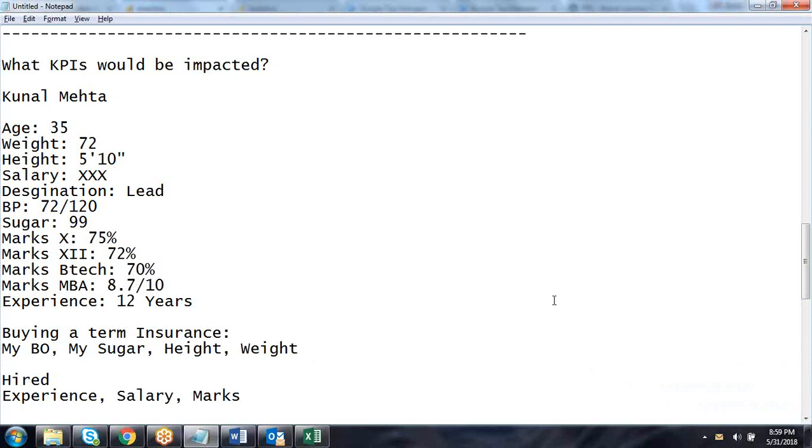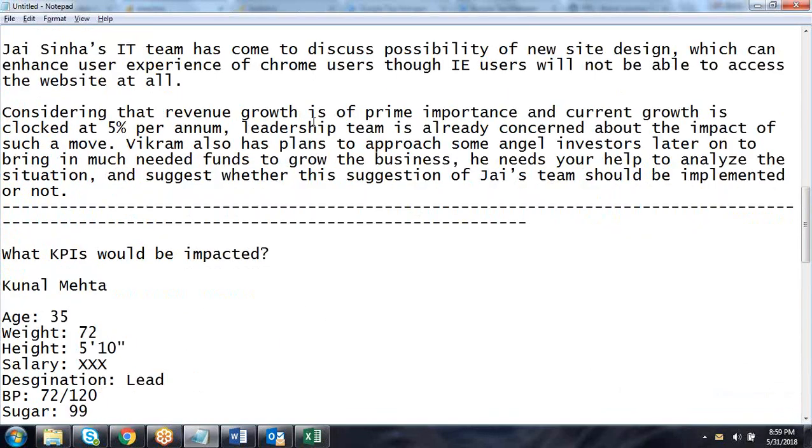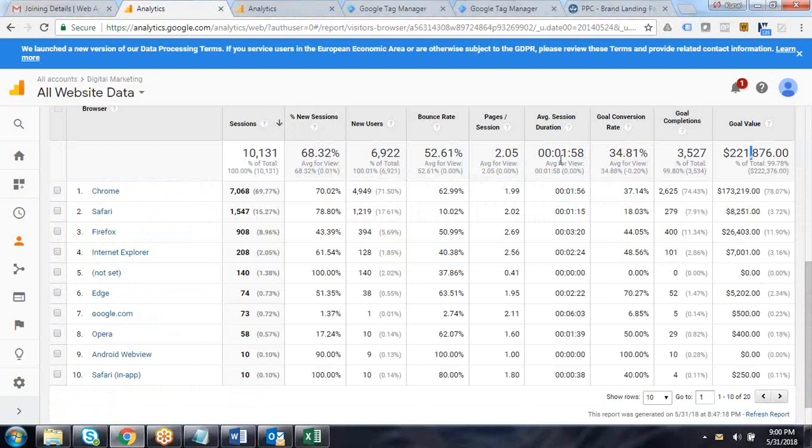So when I say that my Chrome users would have a fantastic experience, so their user experience would be much more enhanced, what KPIs would be impacted over here? When you see on your screen, there are a lot of KPIs, right?